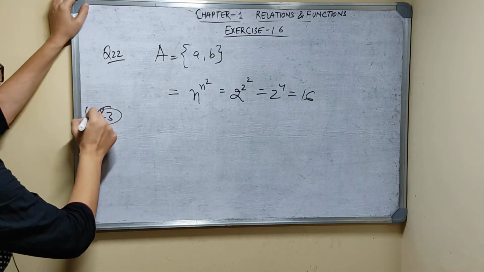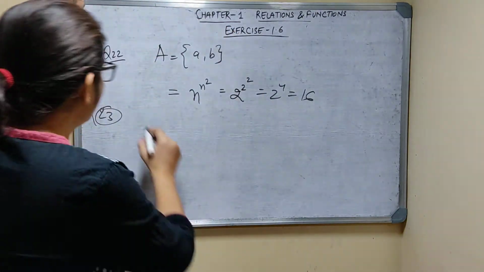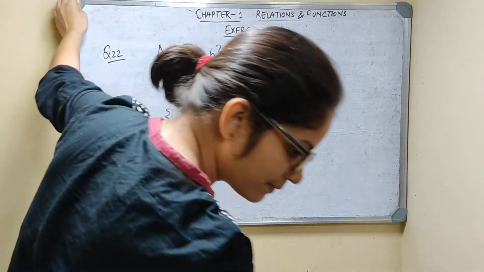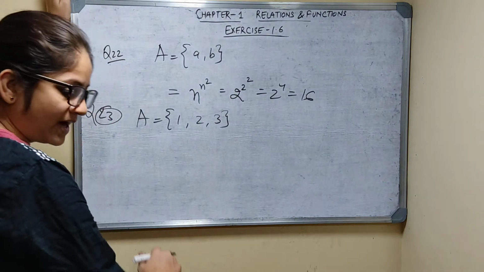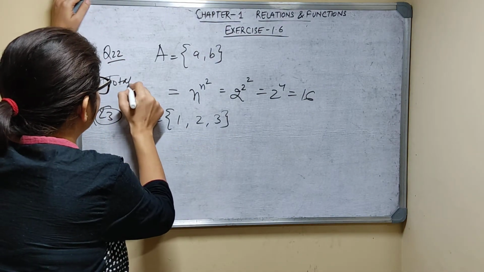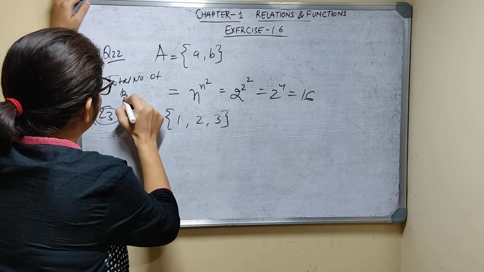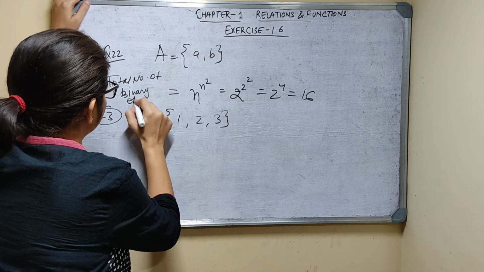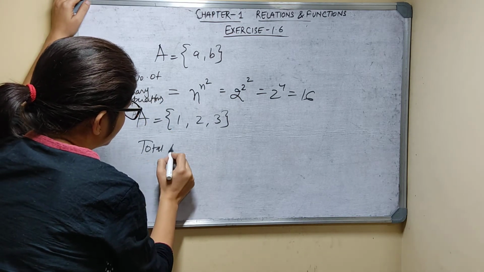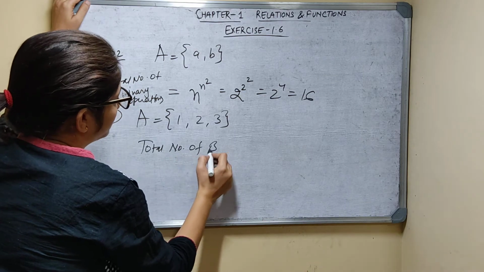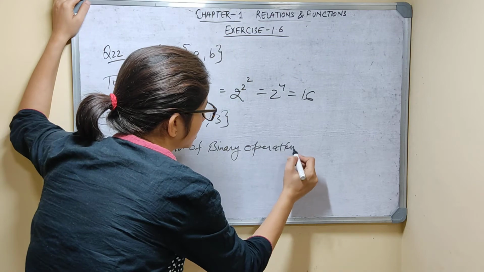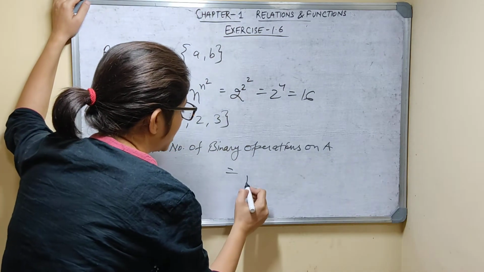Question number 23. If A is equal to {1, 2, 3}, 3 elements are given, then find the number of binary operations on A. Here also the total number of binary operations on A is equal to n power n square.